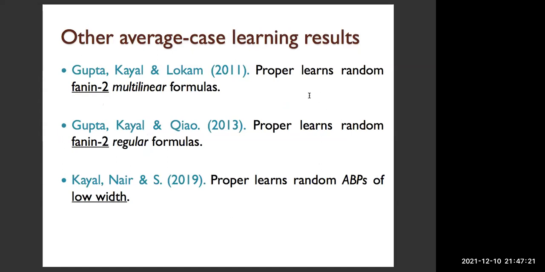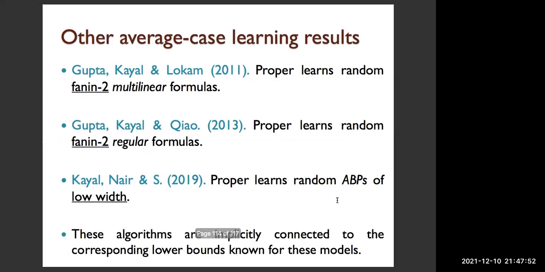There are other average case learning algorithms that don't follow this framework. For example, there's a result which properly learns random fan-in-2 multilinear formulas, and similarly learning random fan-in-2 regular formulas. Regular formulas are formulas where all the nodes at a level have the same fan-in. Fan-in-2 means throughout the formula, so it's like a complete binary tree. Similarly, there is a result which can reconstruct random ABPs, but those ABPs must have low width.